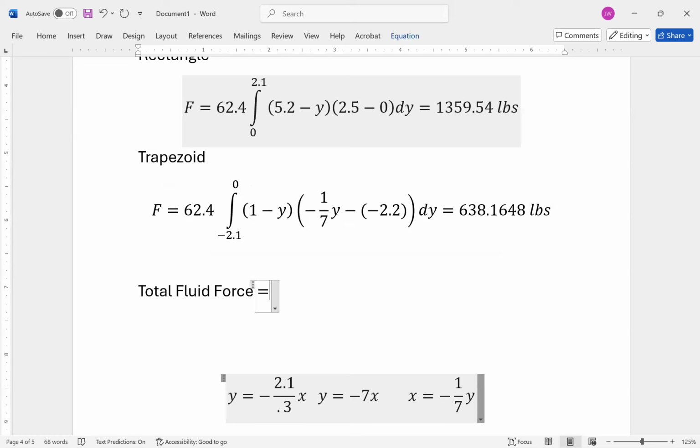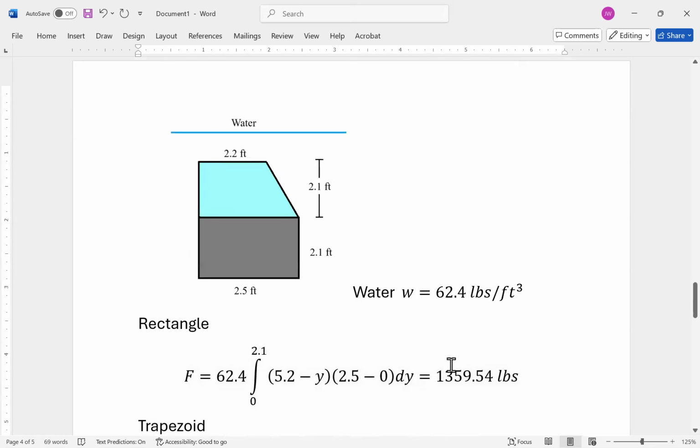So the total fluid force is going to be the sum of those two, which is, I'll do an approximate, 1,997.70 pounds. That's the water pressure on that side, the force being applied to one side of that door.